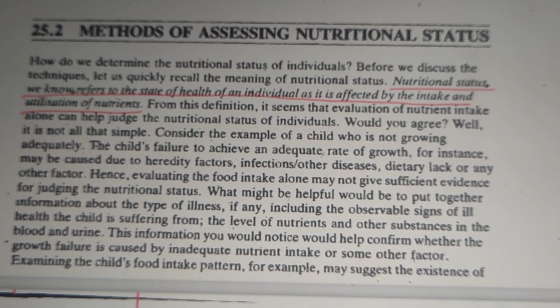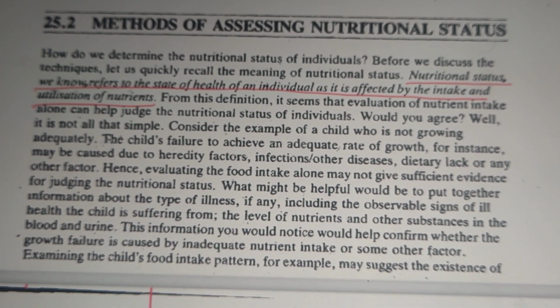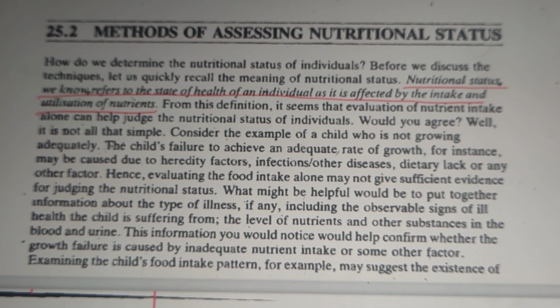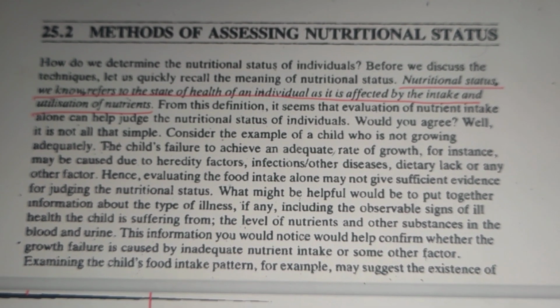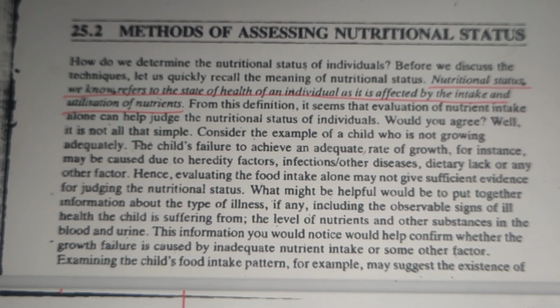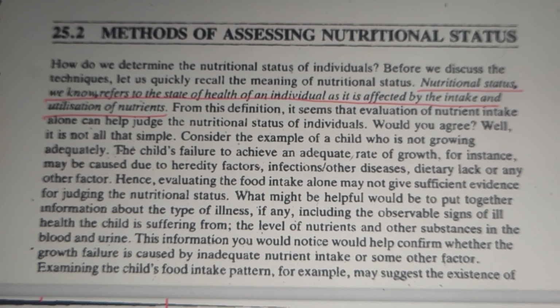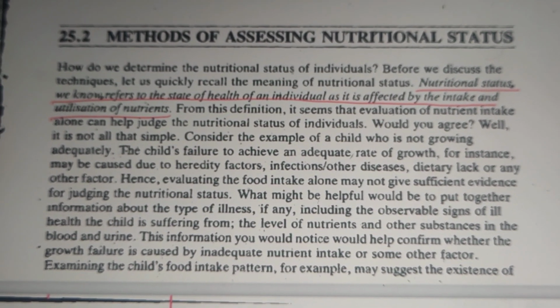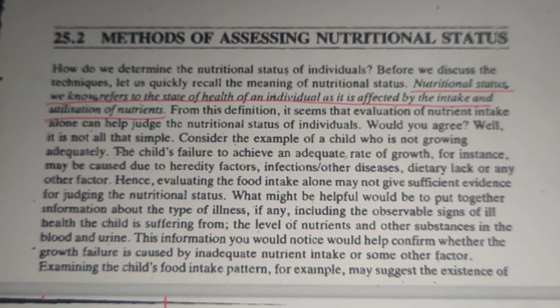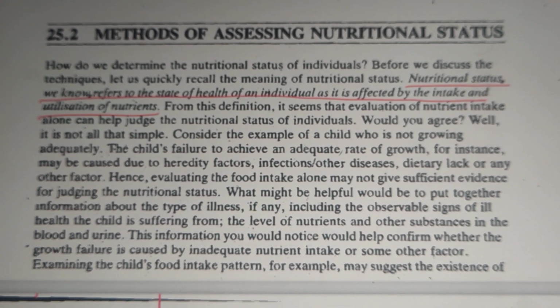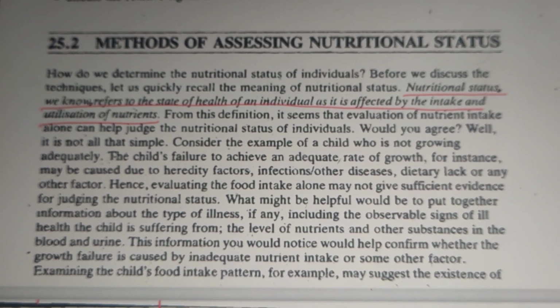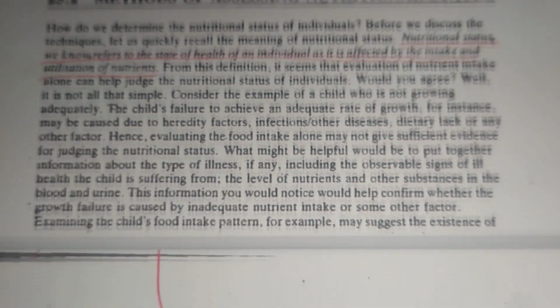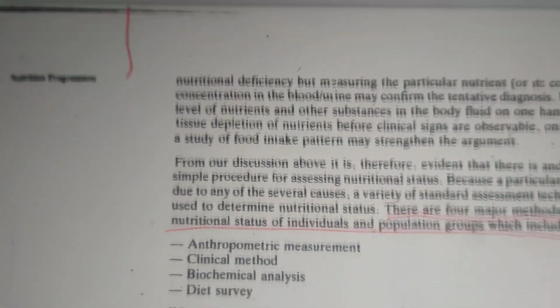For example, if you consider a child who is not growing adequately, the failure to achieve an adequate rate of growth may be caused due to hereditary factors, infections, other diseases, dietary lack, or any other factors. Hence evaluating the food intake alone may not be sufficient for judging the nutritional status. So there are so many things like what I told you before. So let us go into deep discussion of this.